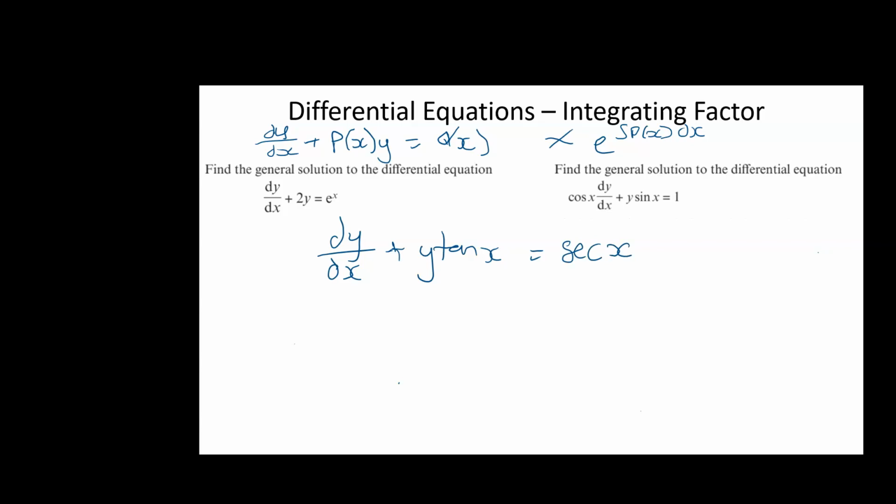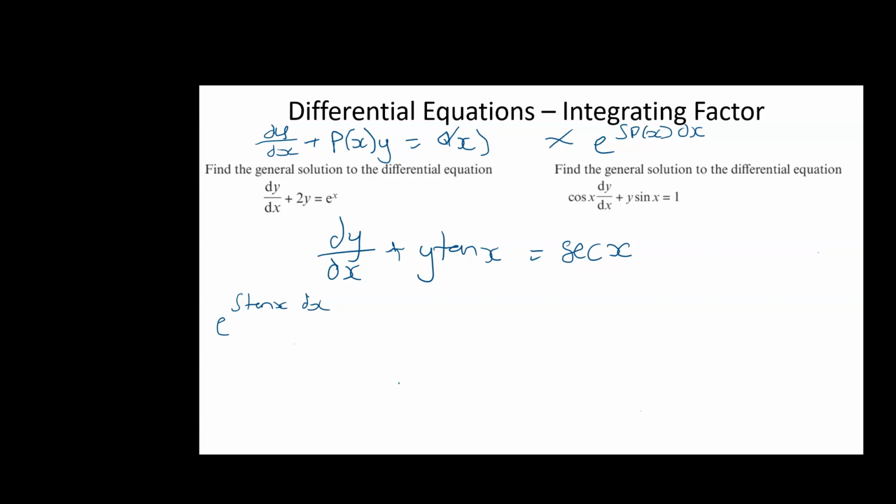Now this looks like the form that we've been working with, so we can times everything by e to the integral of p of x dx. So what is that? So e to the power of the integral of tan x dx.